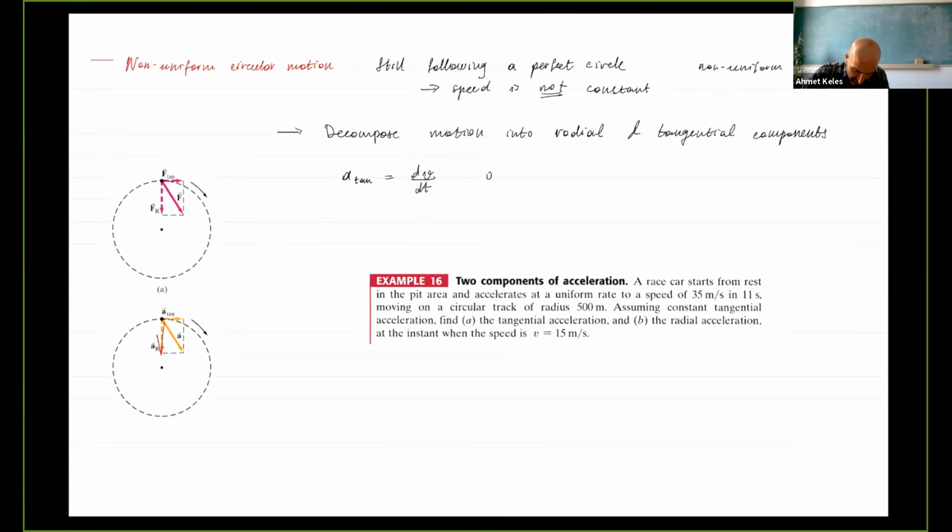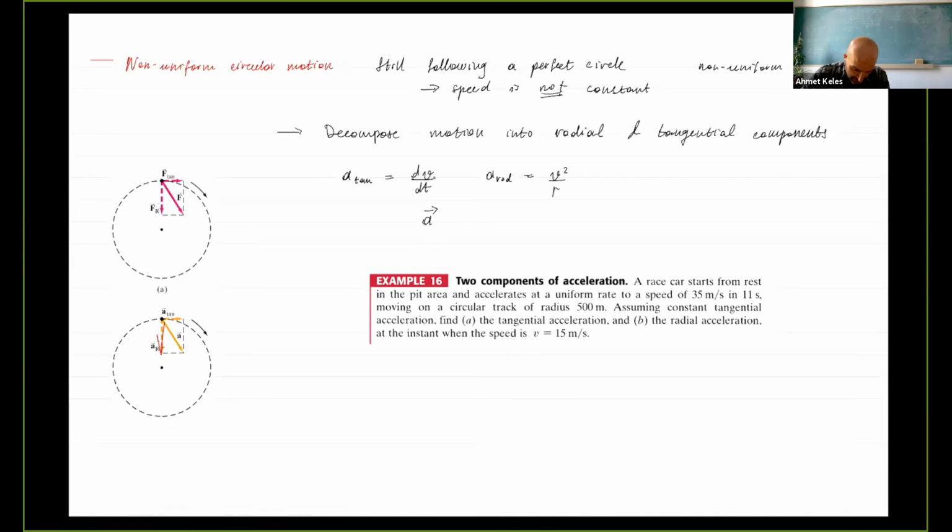And for radial acceleration, since this is still a perfect circular motion, although non-uniform, radial acceleration is still v squared over r. And so to find the vectors, you just do this.